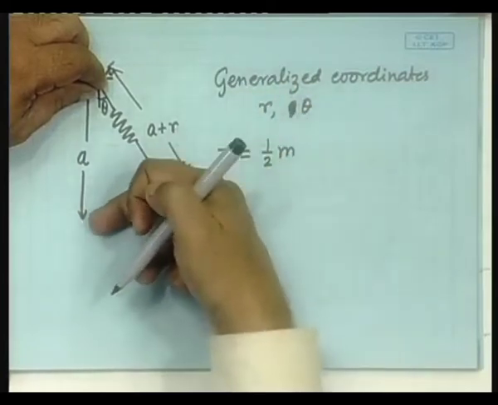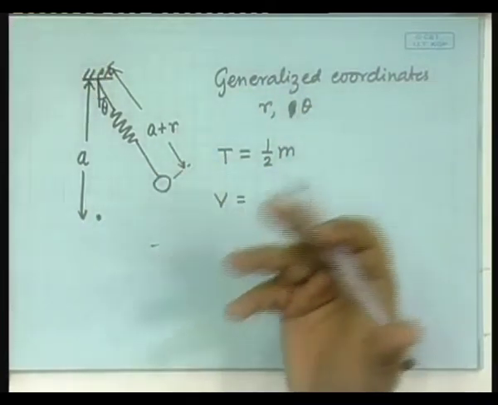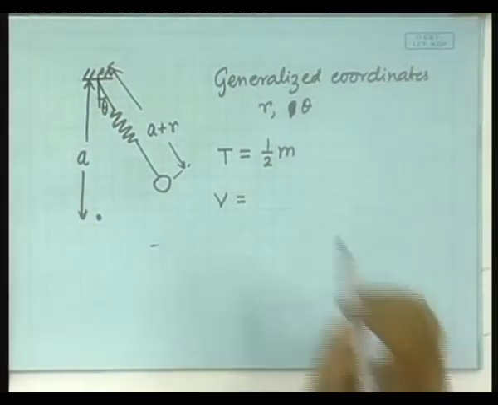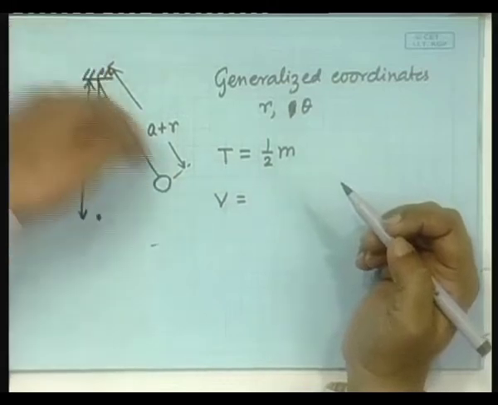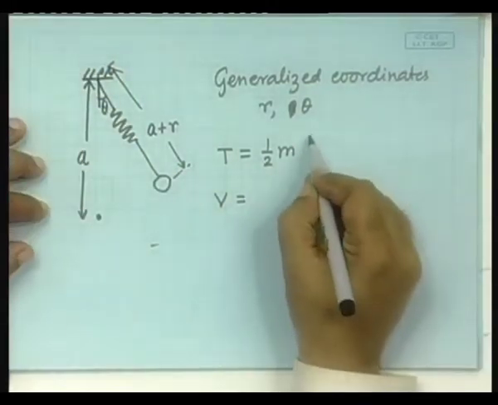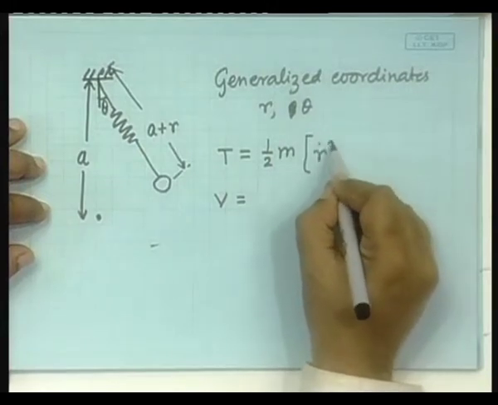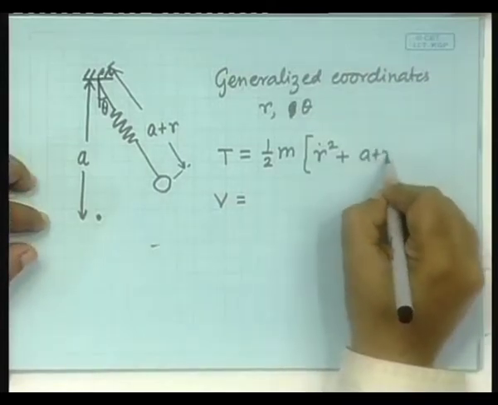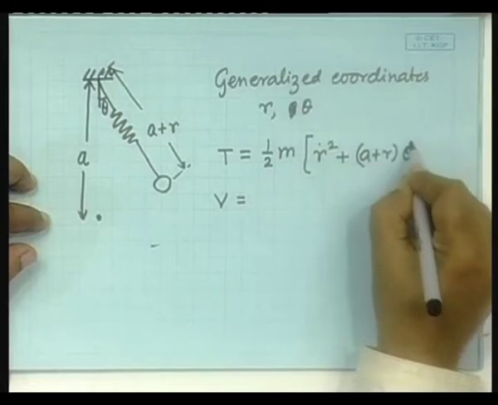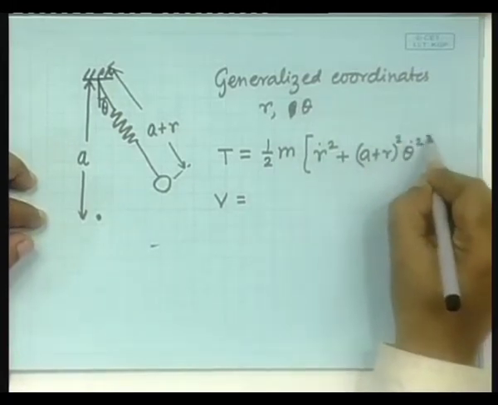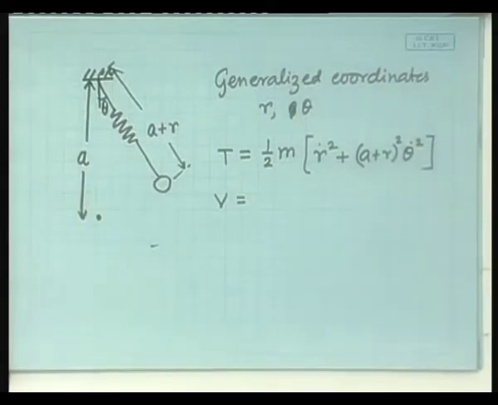If you can identify these two, then it will be simply this square plus that square. So in the radial direction, the velocity is r dot. So it is r dot square plus, a plus r theta dot, whole square of this. Both of these have the squares. Done.